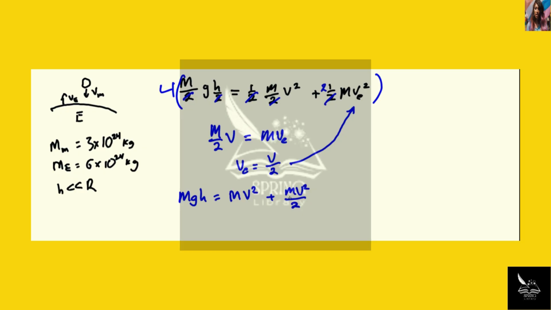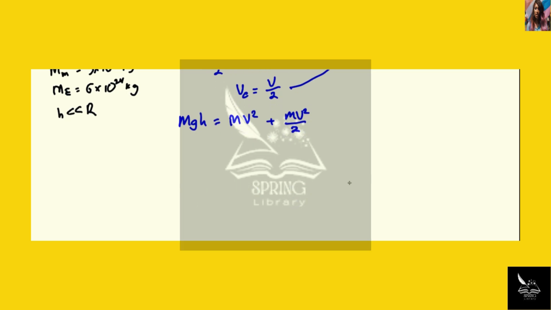So now we are left with this equation here, where all of these m's are the mass of the Earth, and these v's are the velocity of our object as it's falling. So now we can factor out a v squared. So let's do that right here. So we factor out our v squared and then divide both sides by this term here. Let's actually change this.